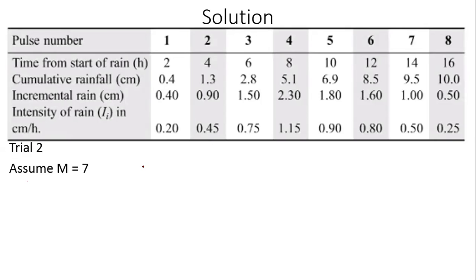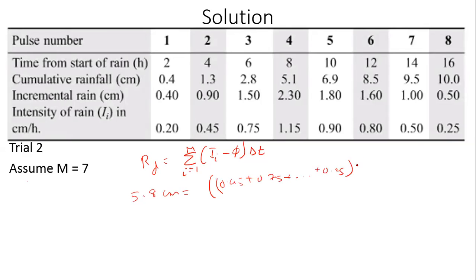So then again, I come back to the same expression, RD equal to sigma I equal to 1 to M, II minus phi into delta T. But now M is no longer 8, M is 7. So then this equation will look like this, 5.8 centimeters equal to, I am excluding this 0.2, I'll get 0.45 plus 0.75 plus so and so plus 0.25 multiplied by, what will it be multiplied by? 2, right? 2 hours, delta T is 2 minus, what will it be now? 14 phi, thank you.